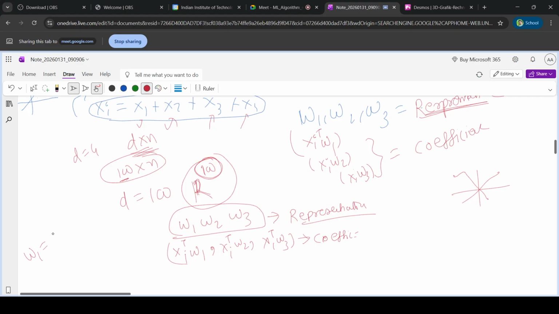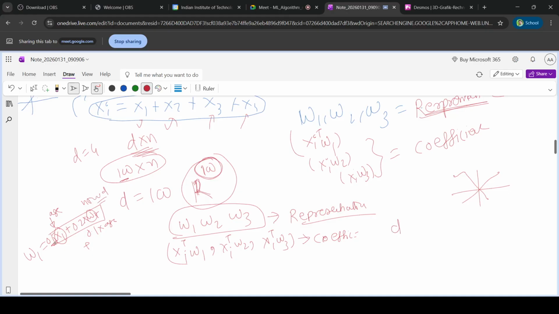And what is w1 equal to? Actually, w1 has some kind of feature combination, like 0.5 into height, 0.2 into weight, 0.1 into age. So it has all the dimensions, these are your actual age, height, weight. How many dimensions do you have? d.